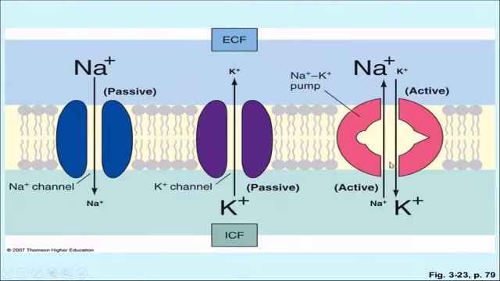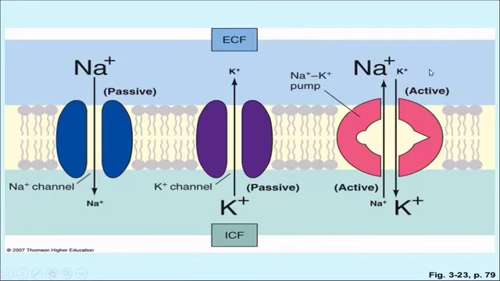These are the 3 channels which play a role. One is the sodium leaky channel, the other is the potassium leaky channel, and the third one is the sodium potassium pump. By the sodium leaky channel, sodium influx occurs into the intracellular fluid. By the potassium leaky channel, potassium effluxes from the inside of the cell to the extracellular fluid, and by the sodium potassium pump, 3 sodiums are taken out from the intracellular fluid to the extracellular fluid and 2 potassiums are brought inside.